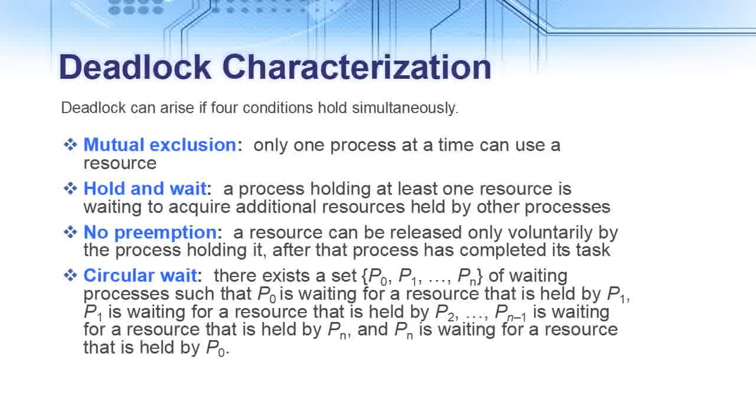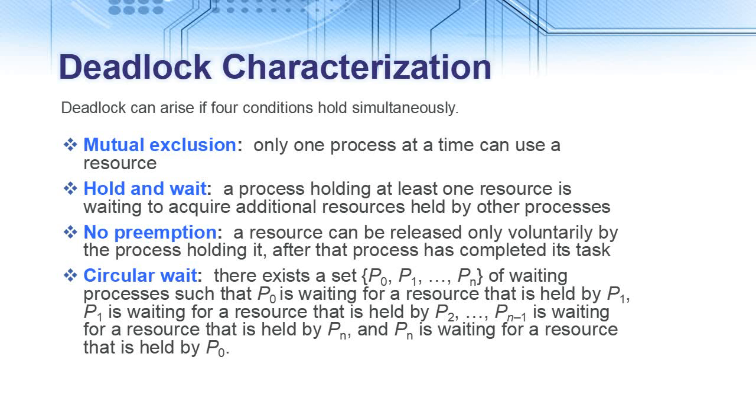Next, we can see deadlock characteristics. Deadlock can arise if four conditions hold simultaneously. First is mutual exclusion, second is hold and wait, third is no preemption, and last one is circular wait. Let's see one by one. Mutual exclusion: only one process at a time can use a resource.